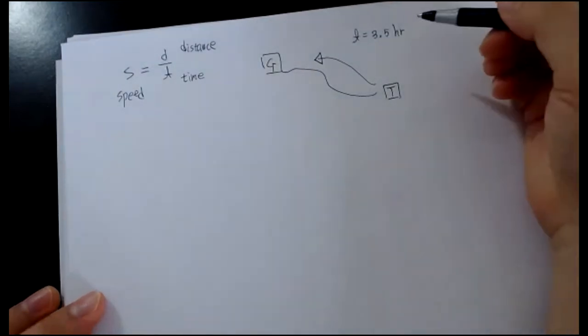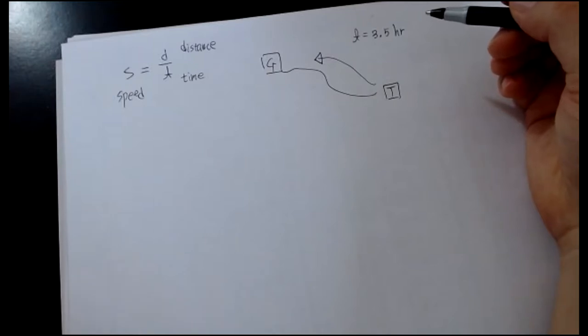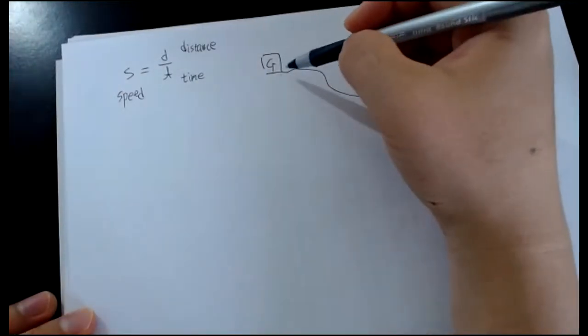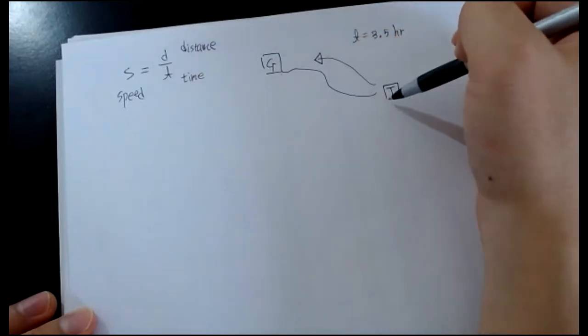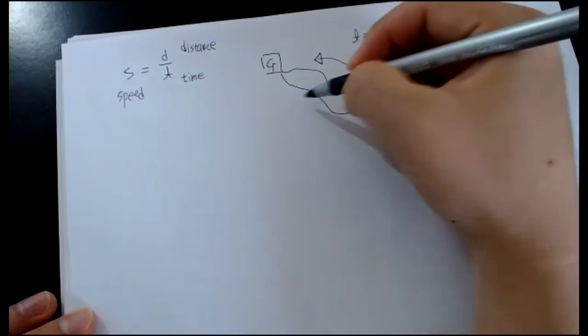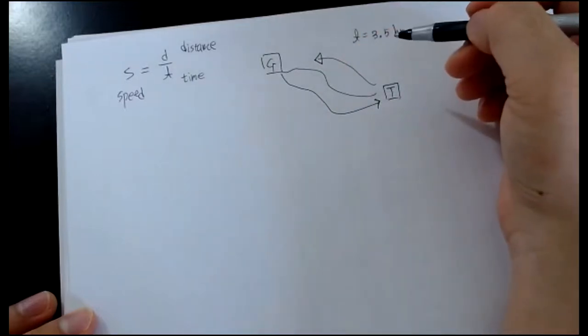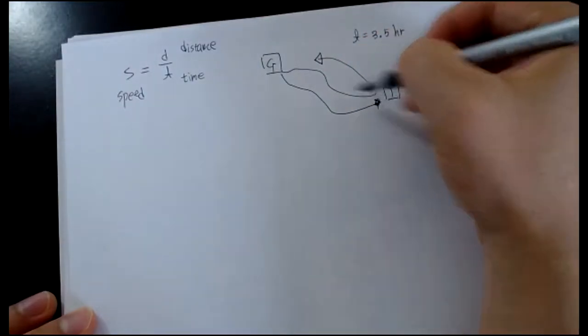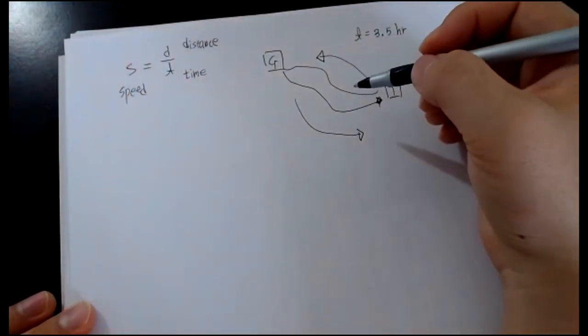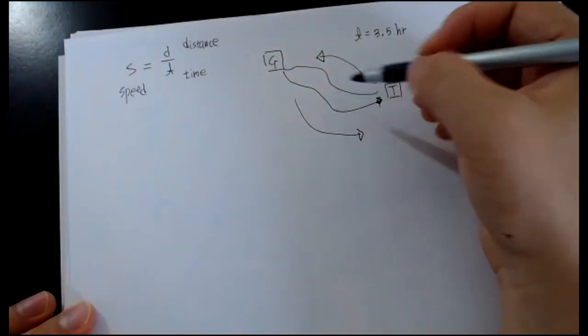Then coming back up on a trail that was 4 miles shorter. So when they come back to Tulsa, they use a different trail. Sorry, it should be like this, I made it confusing.